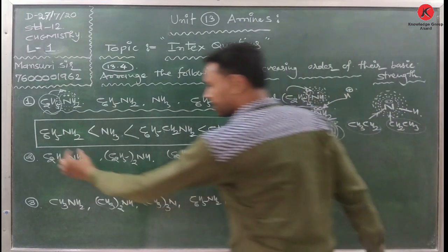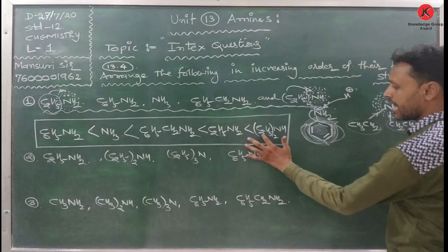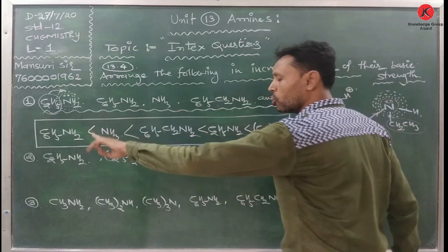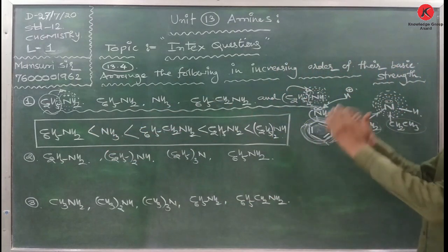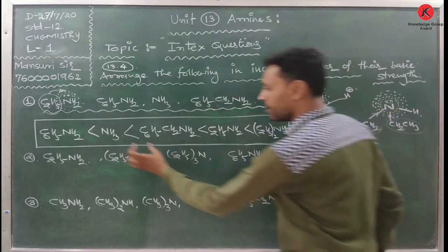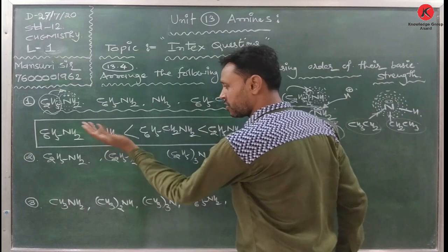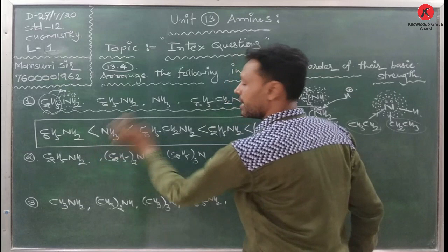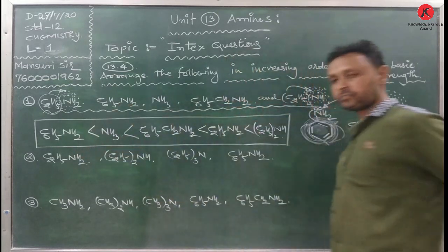Why are we putting aniline over here and diethyl amine over here? Because aryl amine shows least basicity and alkyl amine shows most basicity. That is why ammonia, which expresses basicity between aliphatic amine and aromatic amine, is put over here.